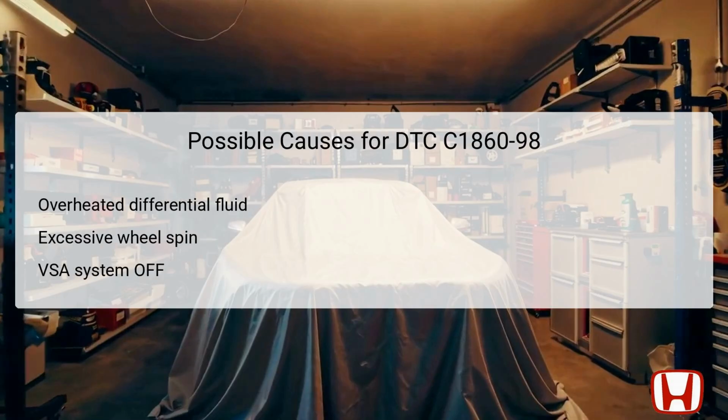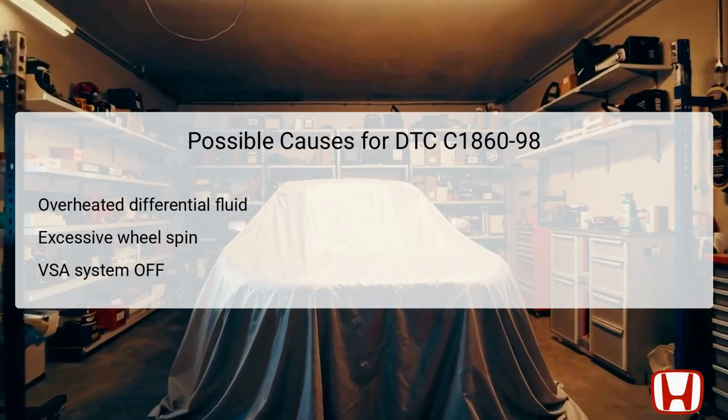Several factors can contribute to the triggering of DTC C1860-98. Primarily, overheating of the differential fluid is the central cause for concern. High temperatures can be the result of excessive strain on the AWD components. One common scenario is when the vehicle is immobilized and the rear wheels spin against resistance in challenging terrains like mud or sand.